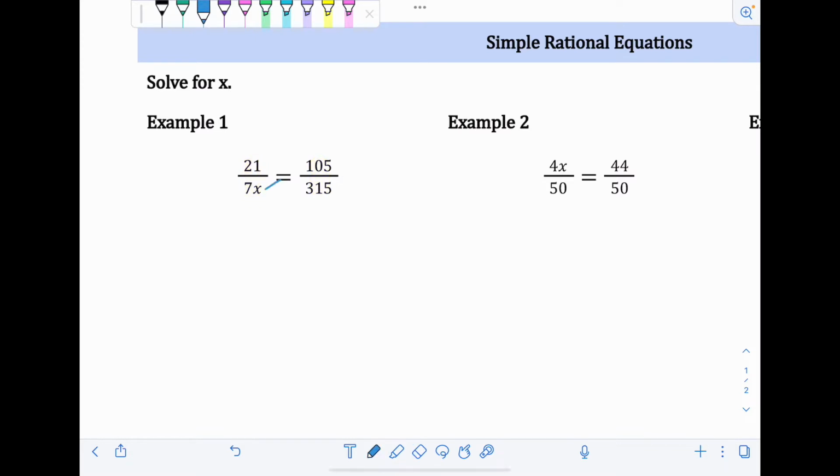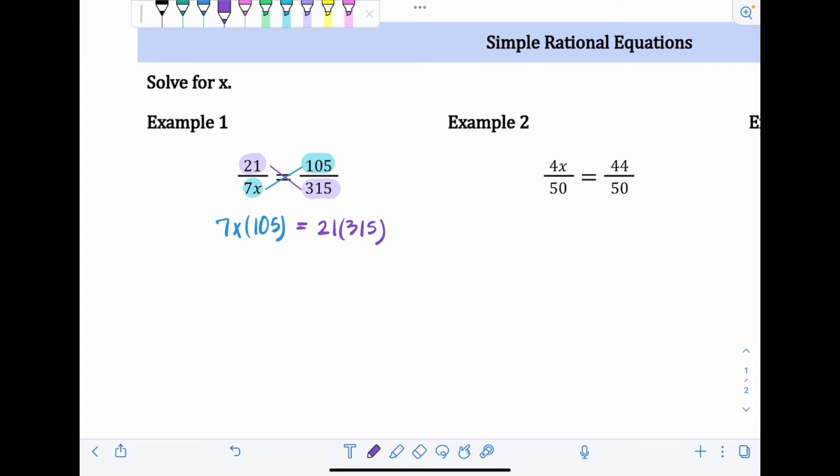The first diagonal, 7x times 105. Sorry, I mixed up the two numbers. 7x times 105. And then the other diagonal through the equal sign is 21 times 315. So it is equal to 21 times 315.